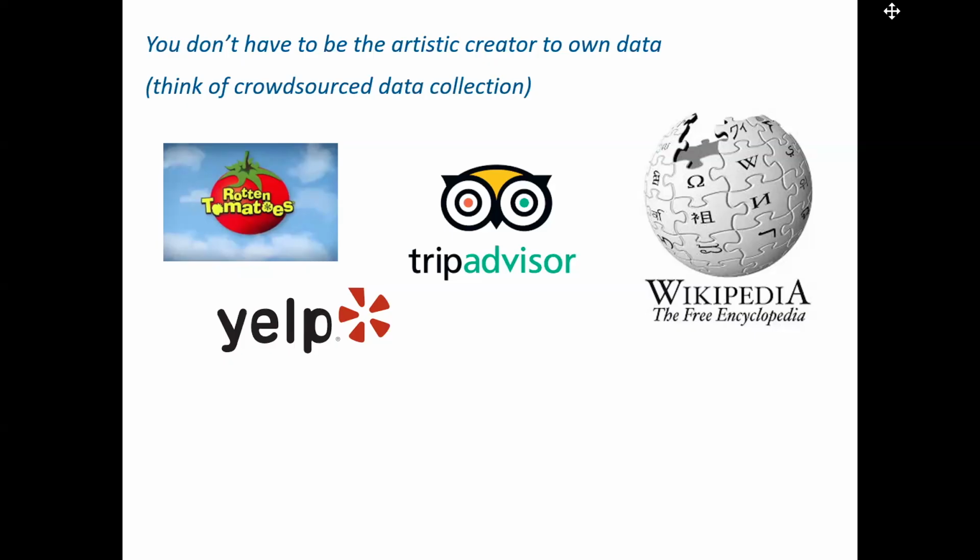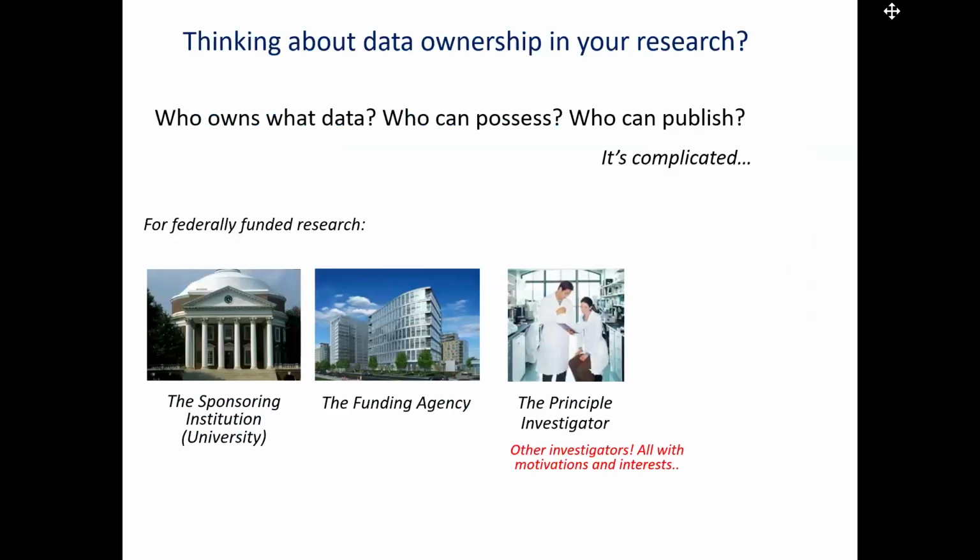So each of the individual data points are somebody else's observations, but they're put together, and now you can create your own data with them. You didn't write the original review for Rotten Tomatoes or whatever the service, but you can take that review, aggregate it with other reviews, and now you have your own data. That's permissible. And the justification for ownership here is the effort to pull all of those data together.